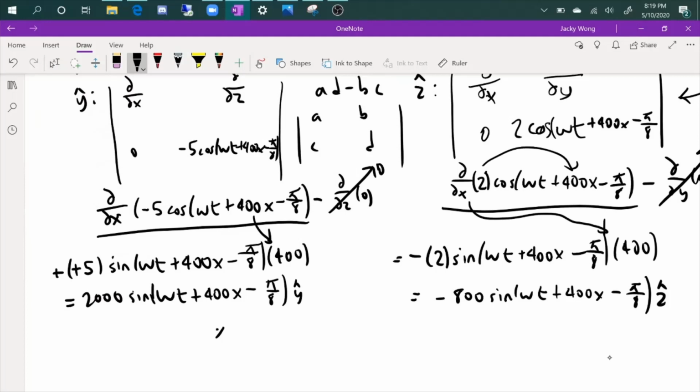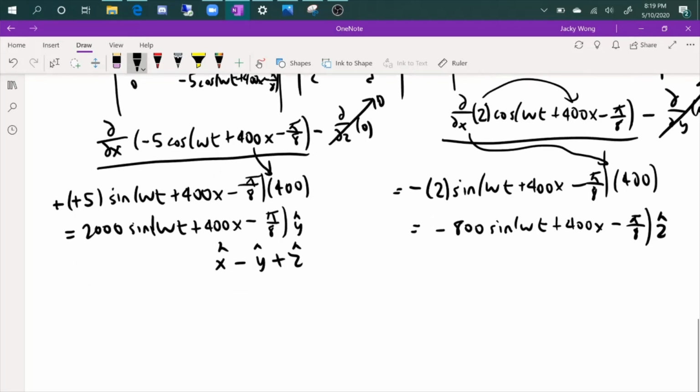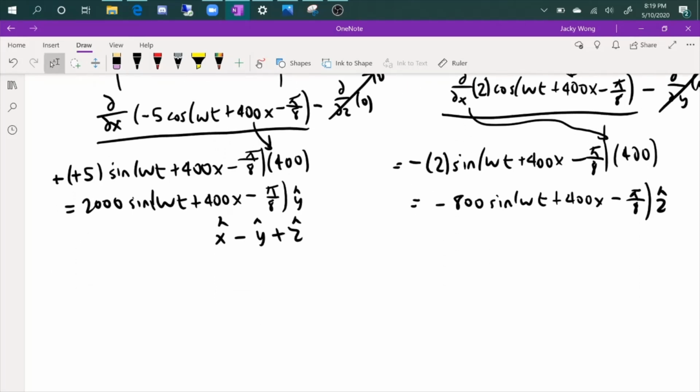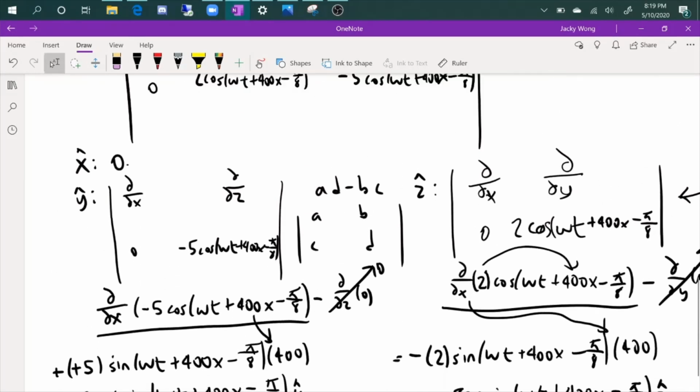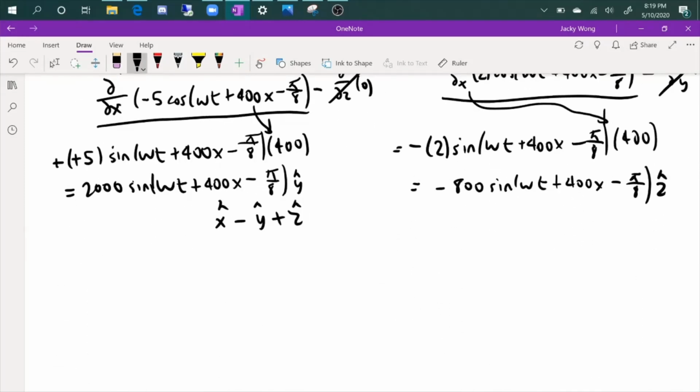So, as I mentioned earlier, the result of the 3×3 is x hat minus y hat plus z hat. So we'll plug in what we have. It's 0 with the x hat here because it's just 0. So 0 x hat minus 2000 sine(omega t plus 400x minus pi over 8).